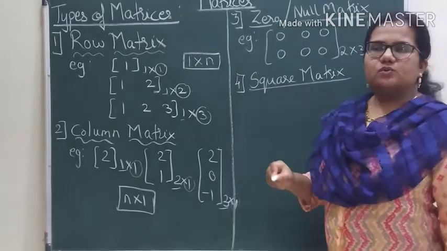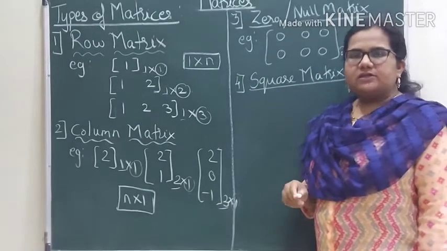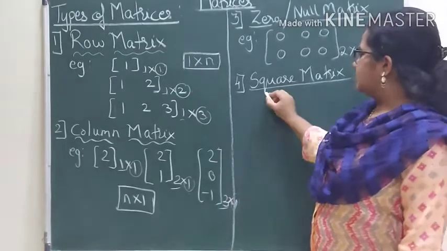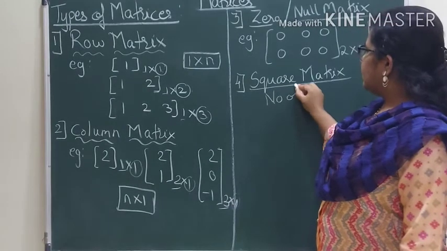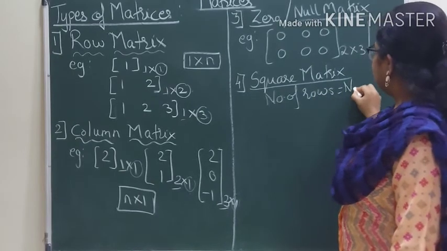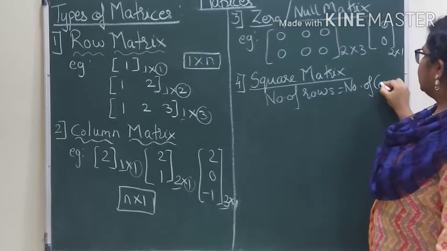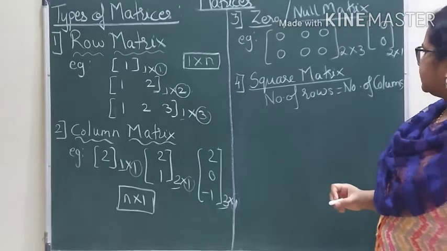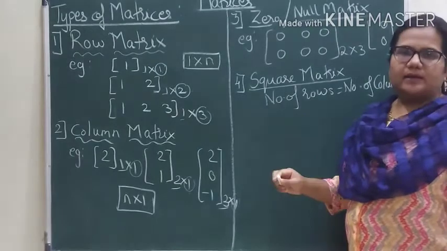Square matrix means what? If in a matrix, the number of rows is equal to the number of columns, that matrix is called a square matrix. Number of rows equal to number of columns, then that type of matrix is called a square matrix.